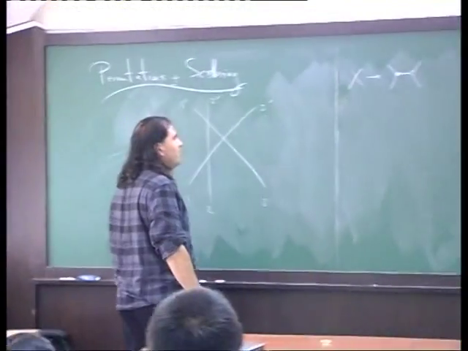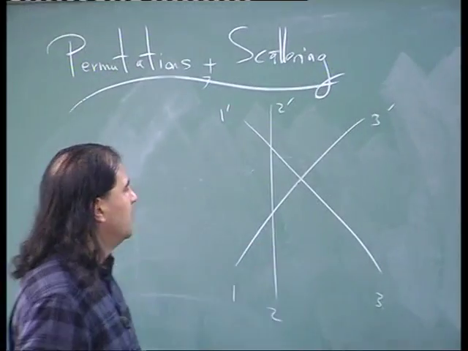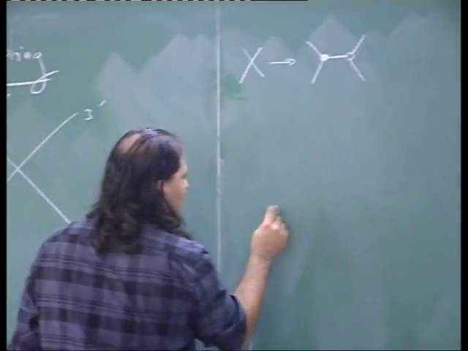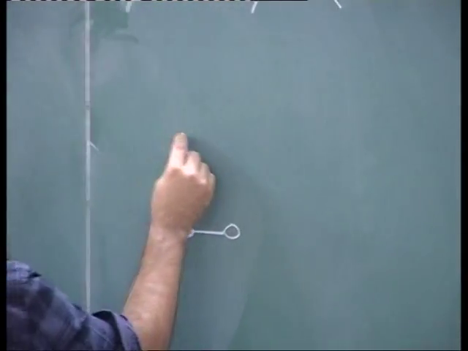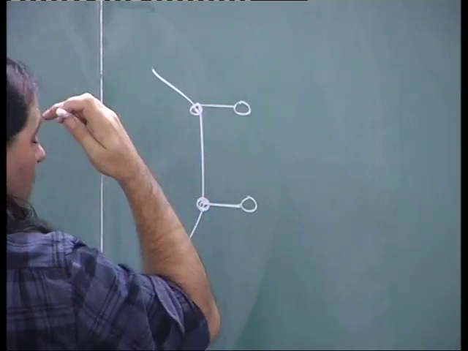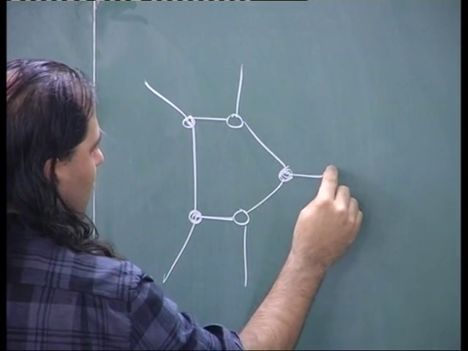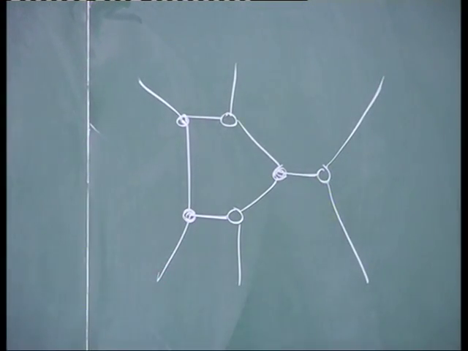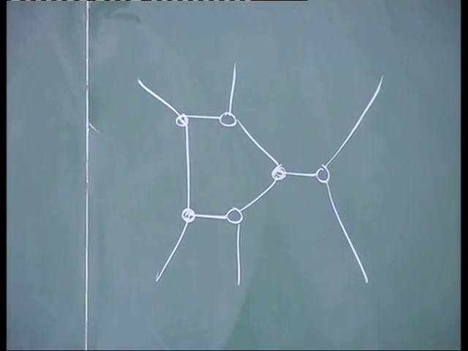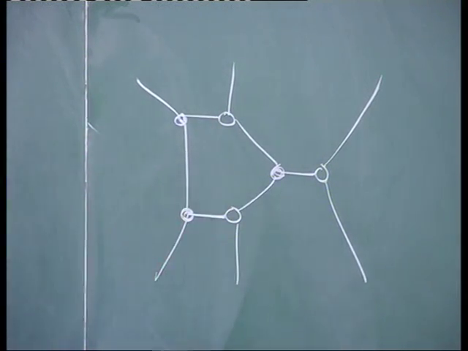But just so you see at the level of pictures. So what happens to this picture? Well, this picture now looks like this. Okay? So I've blown up each one of the 4 particle vertices like that.